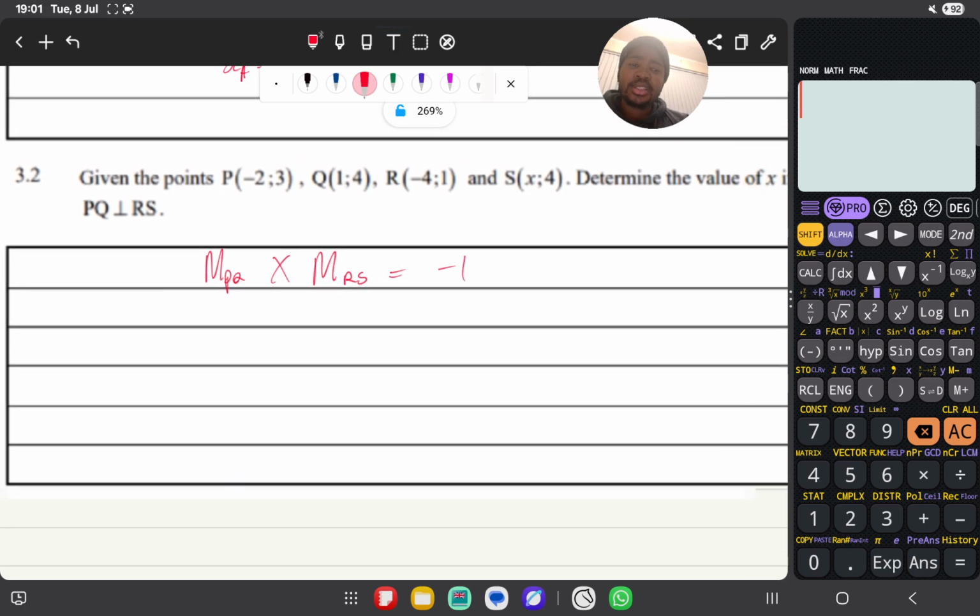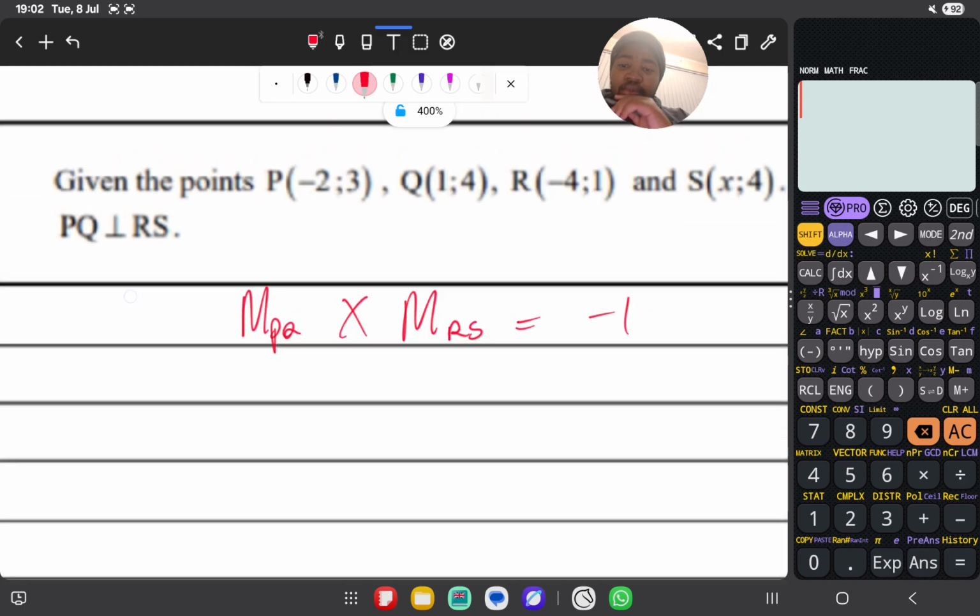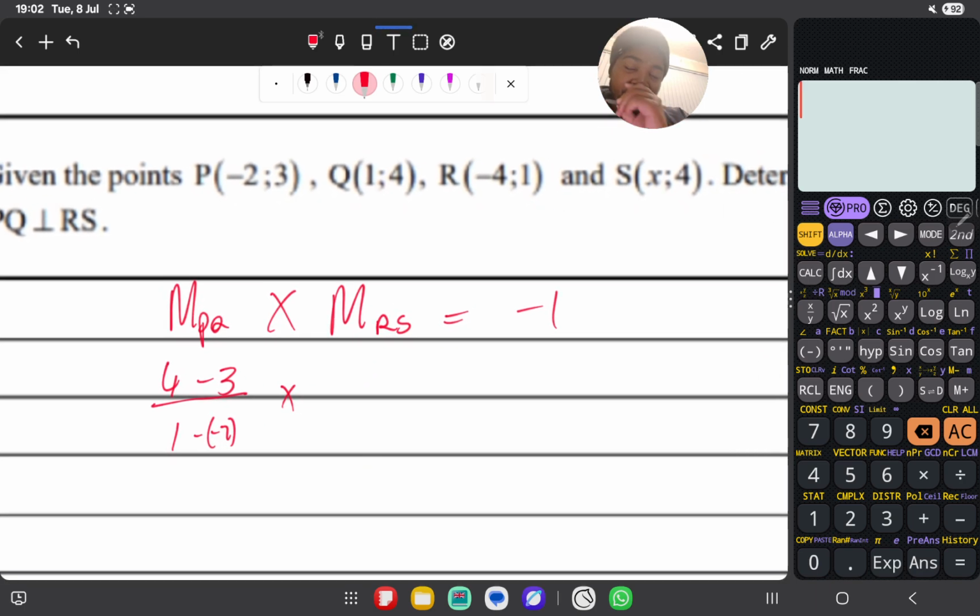At least I'm just looking for the x value. So the gradient of PQ, it's going to be the change in y. Of course, we have 4 minus 3 divided by 1 minus 2, right? Then we have multiplied by, here I'm skipping steps, of course, I would have to write the formula, but after you've written the formula, this is what you'd have, right?